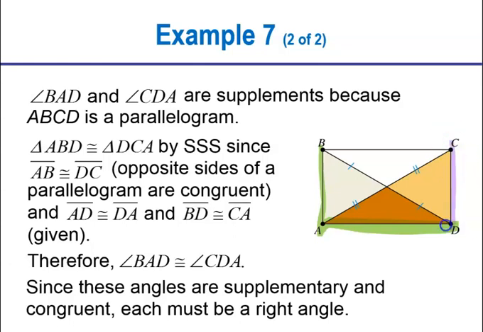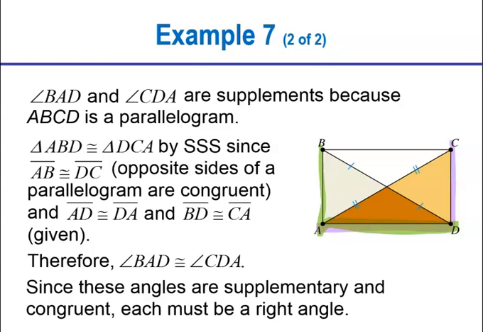Angle BAD and CDA are supplements because ABCD is a parallelogram. Remember we talked about that even true for a trapezoid, that the corresponding angles are supplementary. They add to 180 degrees. So that's true for a parallelogram as well.